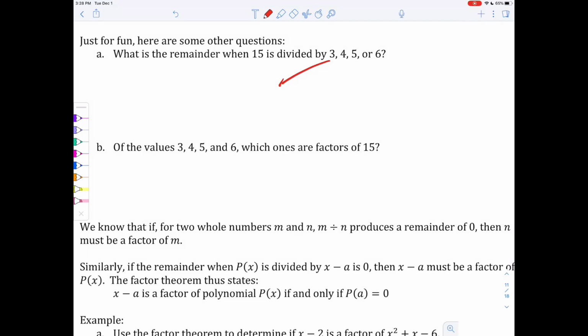When 15 is divided by 3, the remainder is 0, because 15 divided by 3 is exactly 5. When 15 is divided by 4, well, 15 is not a multiple of 4, so we're going to get a remainder. 4 goes to 12, so 15 divided by 4 gives you a remainder of 3.